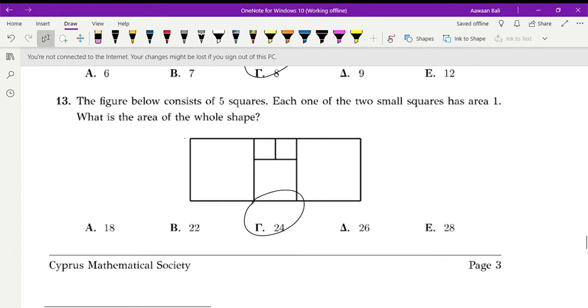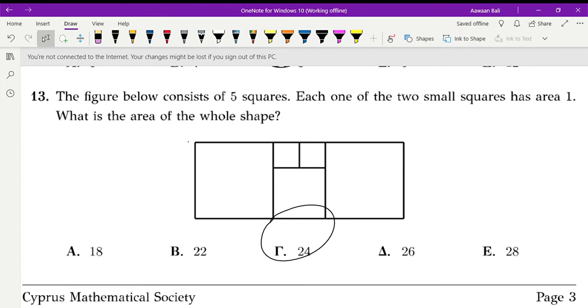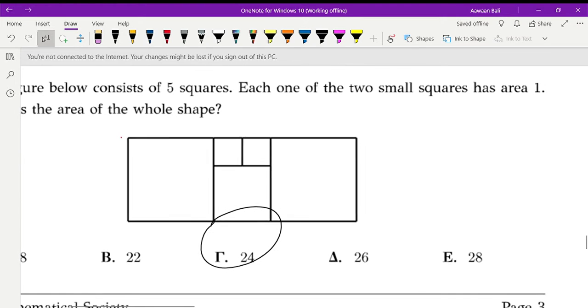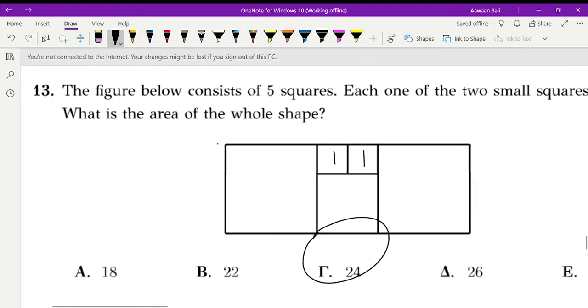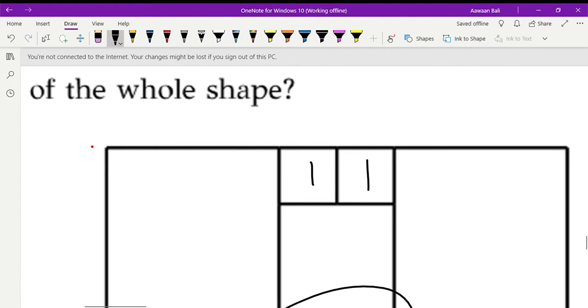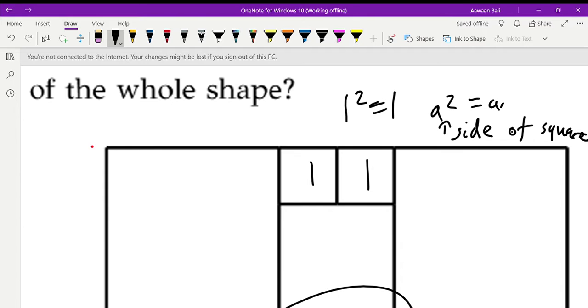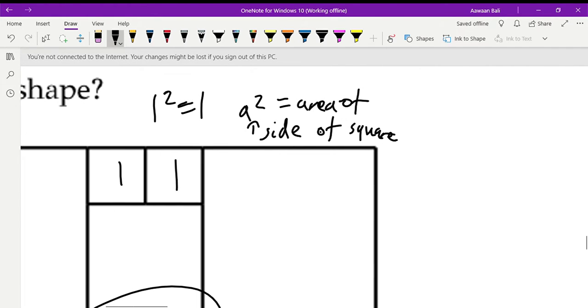Now, question number 13. The figure below consists of 5 squares. Each one of the two small squares has an area of 1. So what's the area of the whole shape? As we know, 1 squared is 1, and since a squared, where a is the side of a square, is equal to the area of a square, we know that the side of the smallest squares is 1 itself.